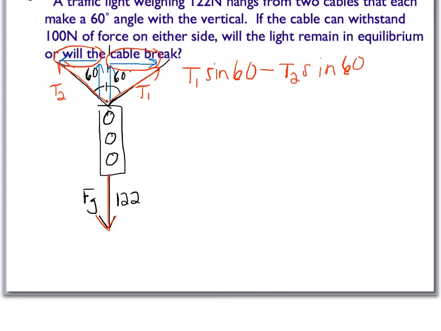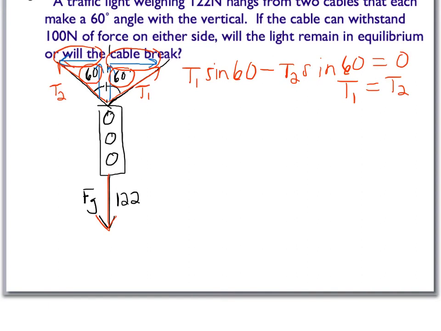So we're going to put a negative sign in front of that. Now this stoplight should not be accelerating to the left or to the right, so we can simply set that equal to 0, which ultimately just ends up telling us that T1 and T2 are going to be the same thing. As long as these angles are identical, that's going to be the case. Each rope is just going to support its fair share of the total weight.